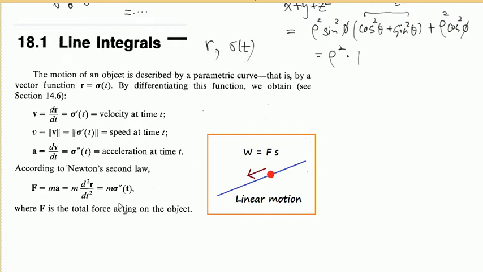If you differentiate sigma of t, you get the velocity vector. Remember this norm notation? That's the length of a vector, and the norm of sigma prime of t is the speed, not the velocity.